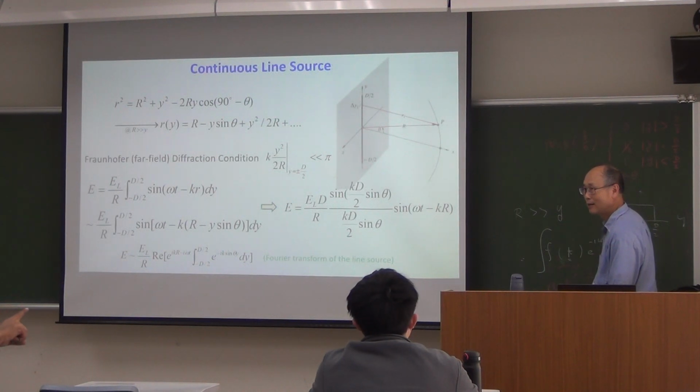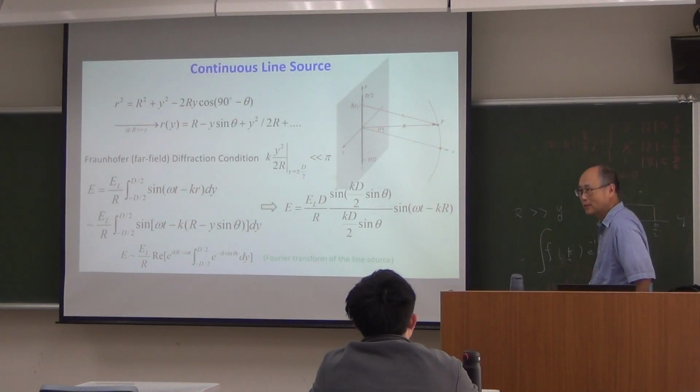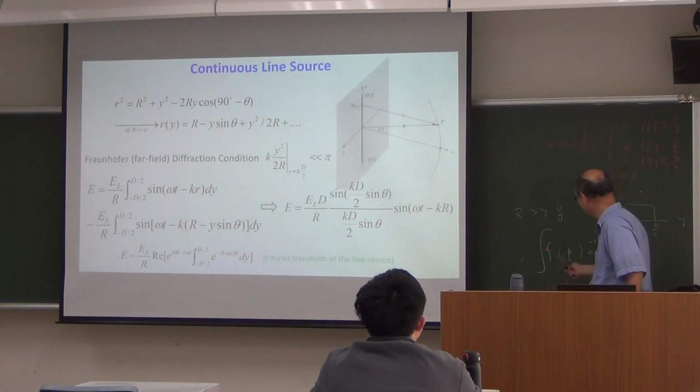Why is it one half at b over 2? Should it not be 1? No. Right at the center the value is 1, but at the boundary the value is one half. So in this expression, it is a rectangular function like this.